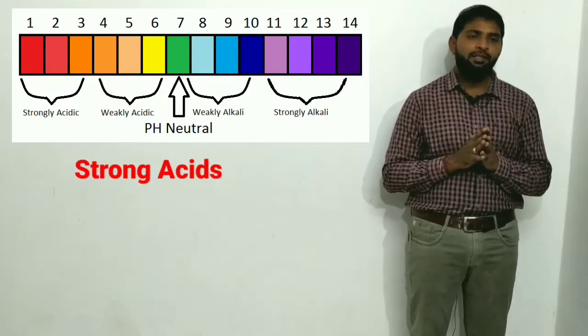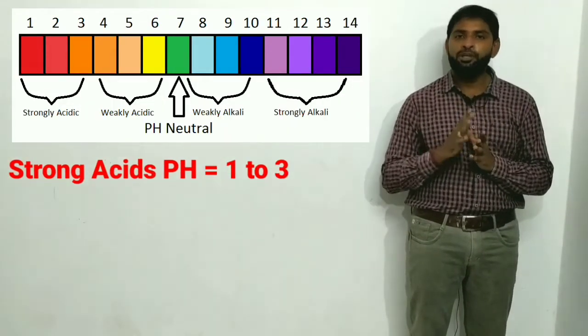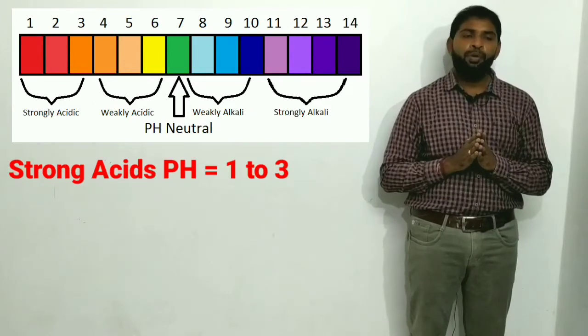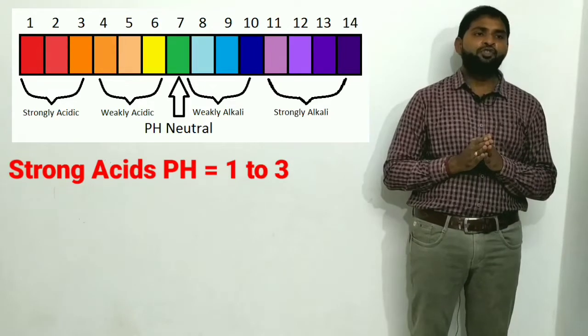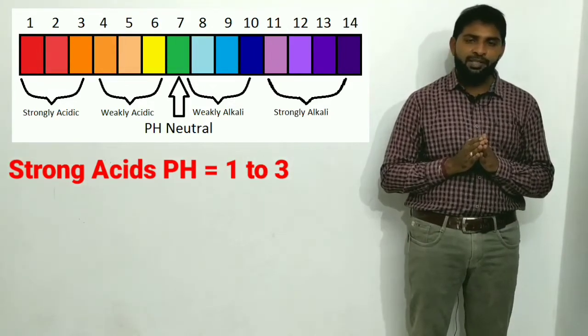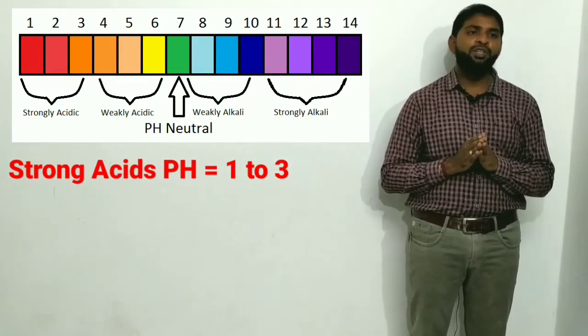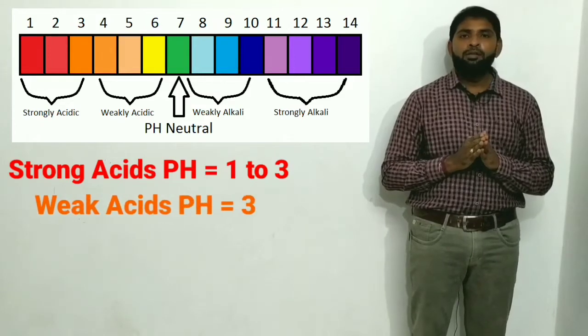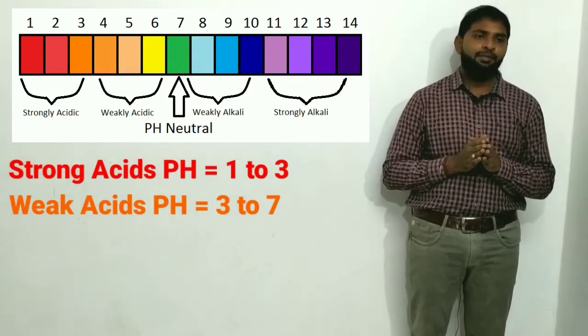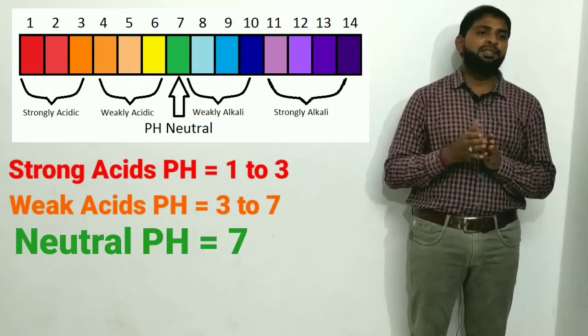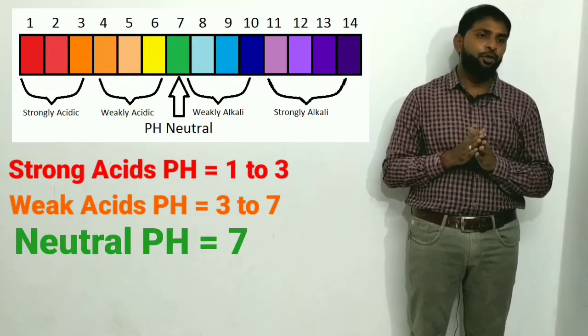Out of these, strong acids have a pH range of 0 to 3. If the substances exhibit a pH value ranging from above 3 to below 7, they are weak acids. If the pH value is 7, they are neutral.